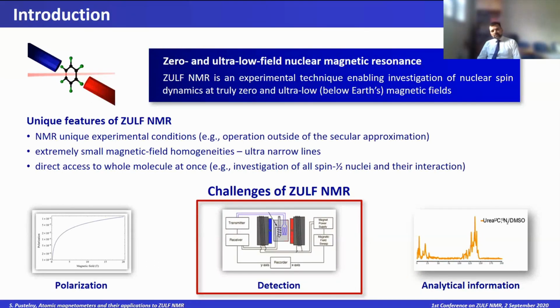Of course, in nuclear magnetic resonance, you have a specific detector tuned to a particular type of nuclei. Here, you can have access to the whole molecule at once, as long as it contains spin 1/2 nuclei.